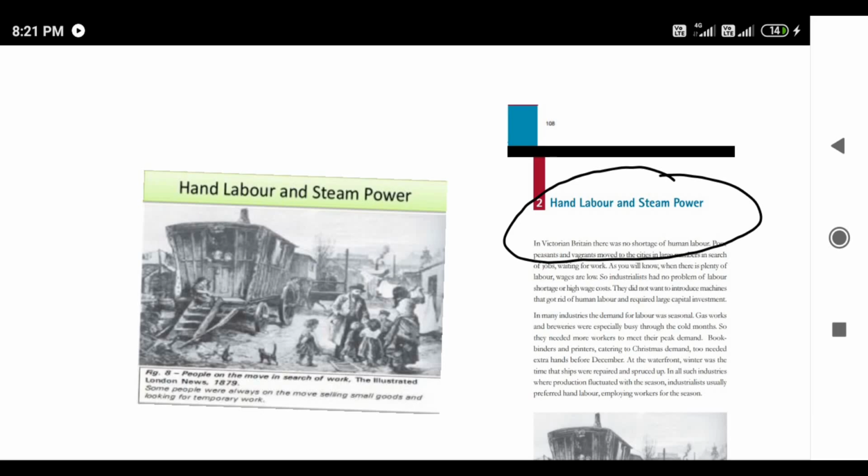It is because there was the competition between the laborers, between the workers, I can say. On the other hand, we also see that machines require a large capital investment. That's why many industrialists in the 19th century preferred hand labor over machines.